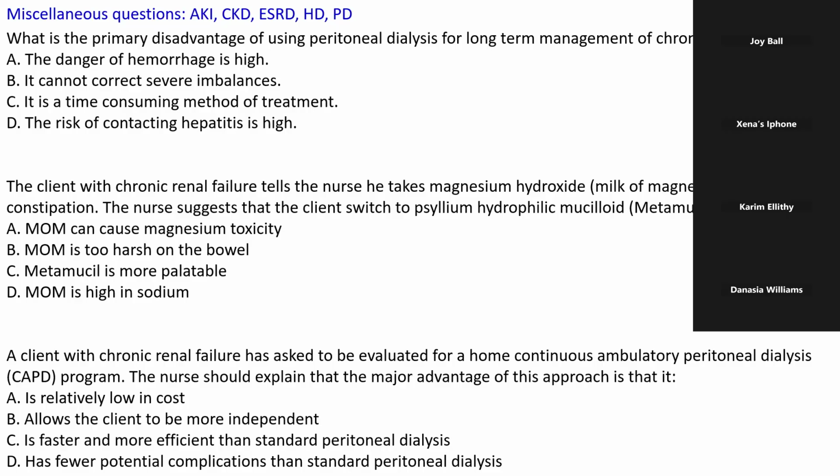If you have a patient with, let's say, chronic constipation, and you want to put them on an OTC drug, try to avoid milk of magnesia and any drug with magnesium content, because that can increase the magnesium level and result in magnesium toxicity.